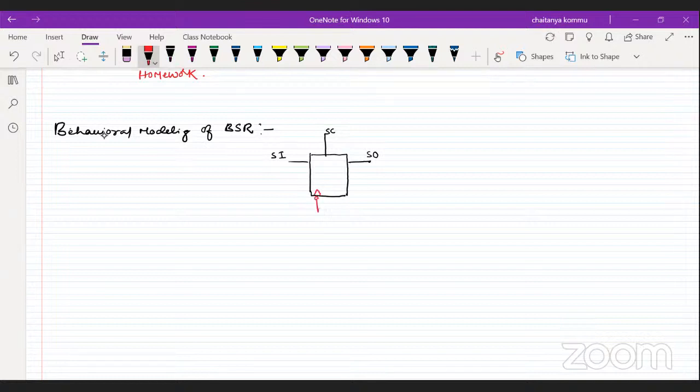We have a clock signal, we have a reset signal, reset and clock signal. So bidirectional shift register. Okay, so I should mention the size of this one. It's a 4-bit. Can we write it very easily?